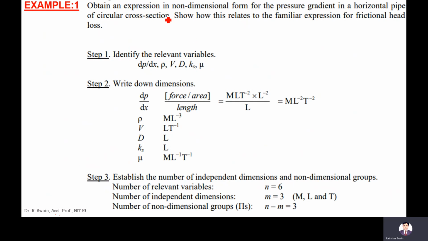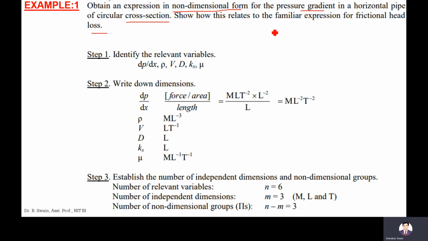Develop an expression in non-dimensional form for the pressure gradient in a horizontal pipe of circular cross section. How does this relate to the familiar expression for frictional head loss? So first we have to see on which variables the pressure gradient depends.